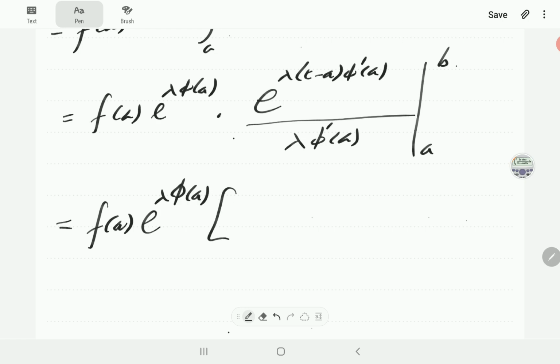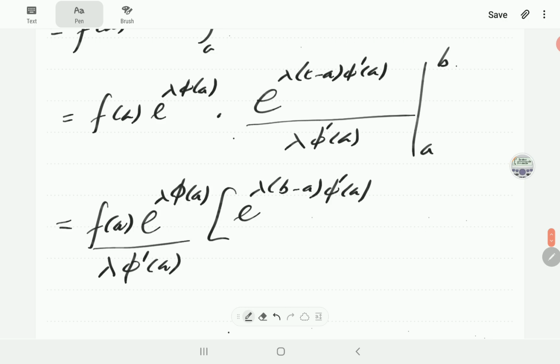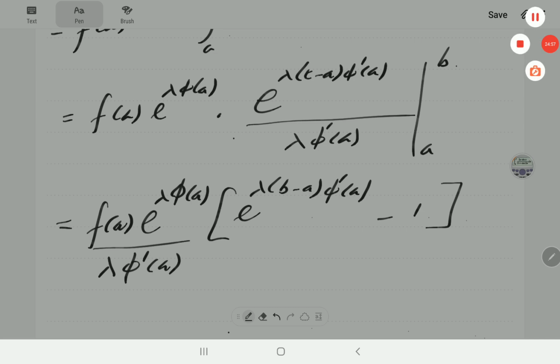When t is equal to b, it's going to be e to the lambda b minus a phi prime at a. And then when t is equal to a, this is going to be 1.